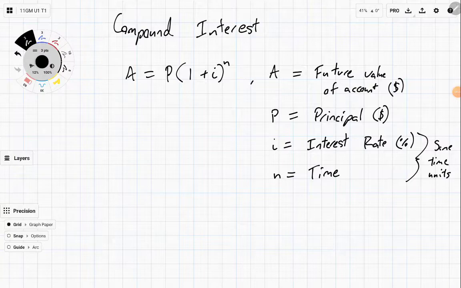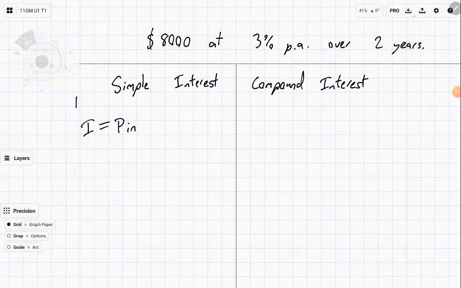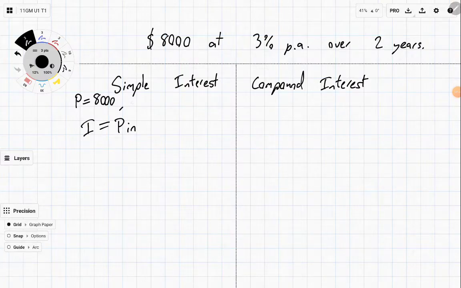So let's have a look at actually doing some compound interest. Let's calculate the value of an account of $8,000 at 3% per annum over 2 years, and let's look at the difference between the simple interest and the compound interest. So for simple interest, we can go I = PIn, and in this case P is equal to $8,000, i is equal to 3 over 100, and n is equal to 2.